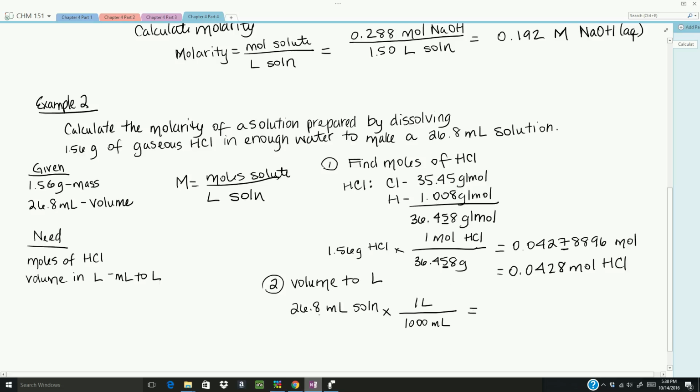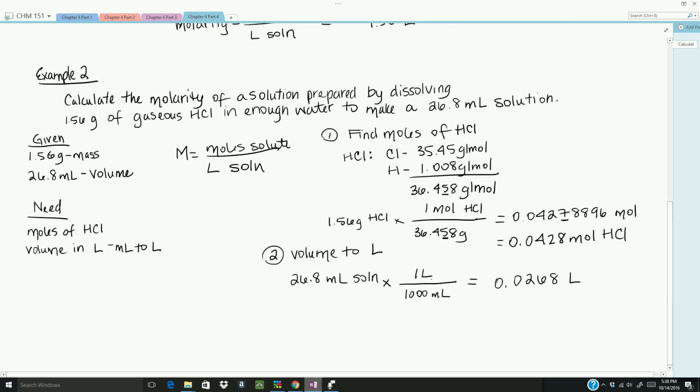So if we divide 26.8 by 1,000, we get 0.0268 liters. We're keeping the 3 sig figs because remember, this is an exact number. Now we have our moles of HCl, which is our solute, and our liters of solution. So now we can calculate our molarity.